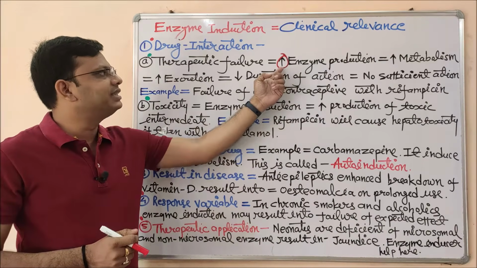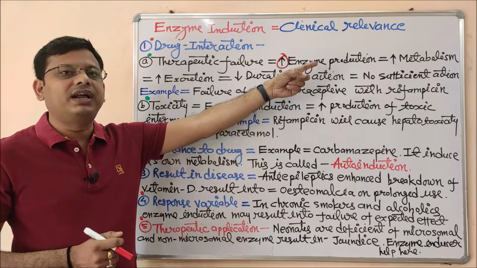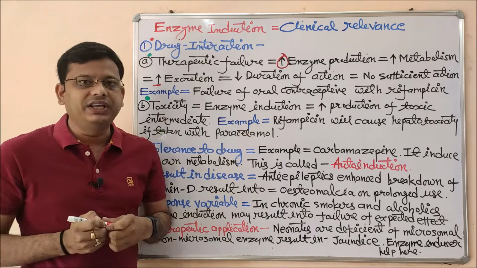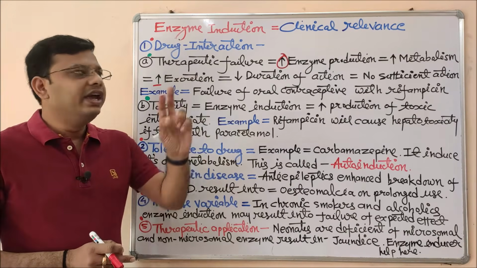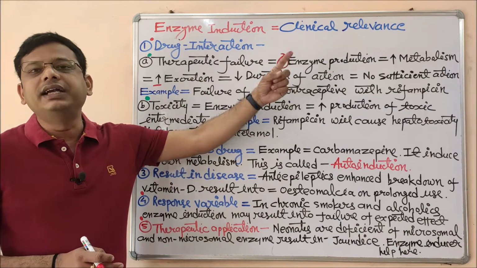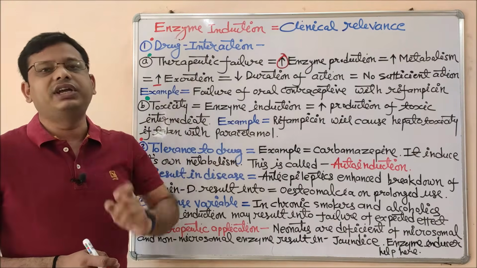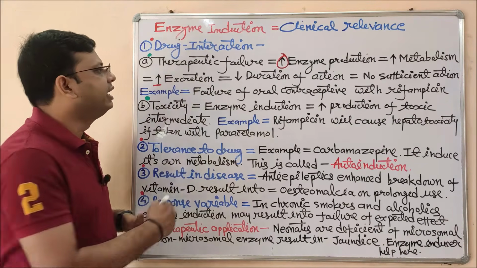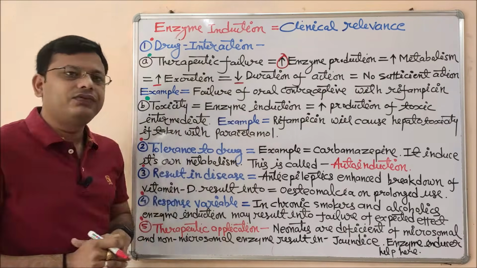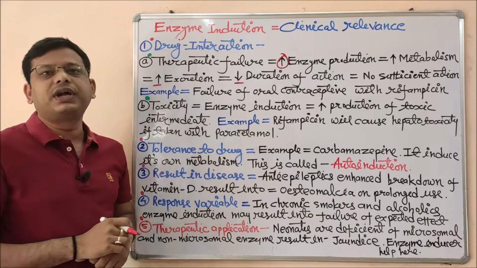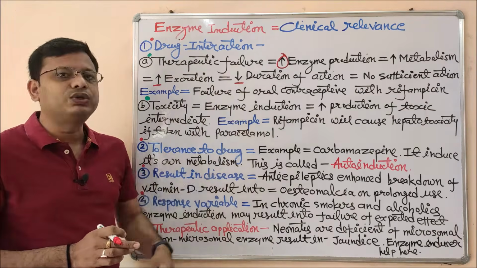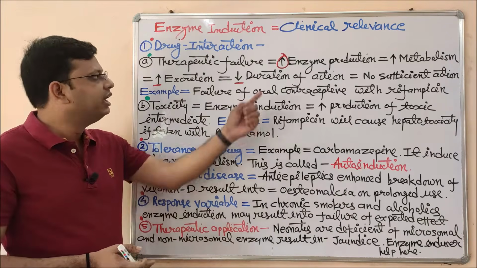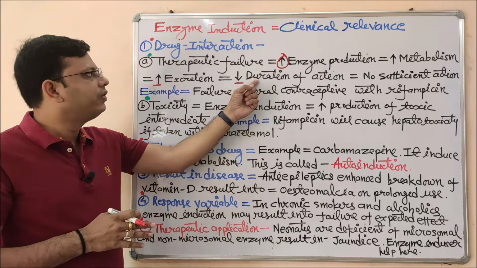If the enzyme production is increased, the process of metabolism will increase. If metabolism increases, the excretion may also increase, or the intermediate metabolite may also increase, and somehow the excretion will also increase, and that may affect the duration of action. If the elimination or excretion of the drug is speeding up because of the enzyme inducer and intermediate metabolism is also increasing, then there is a definite chance of inhibition of the duration of action.